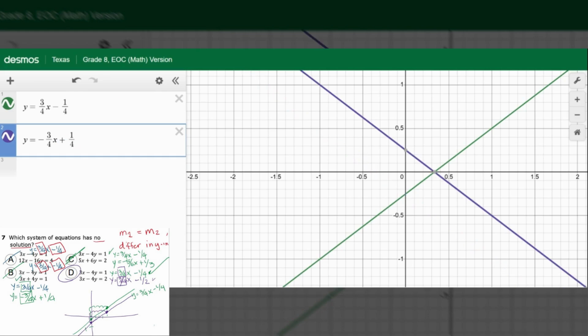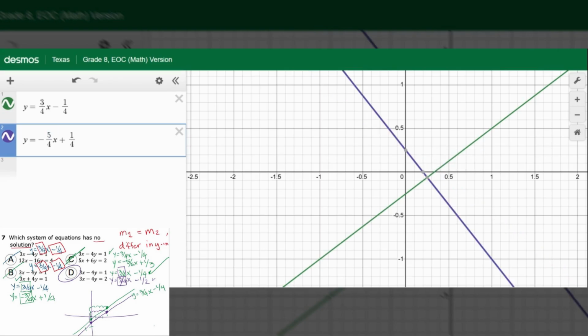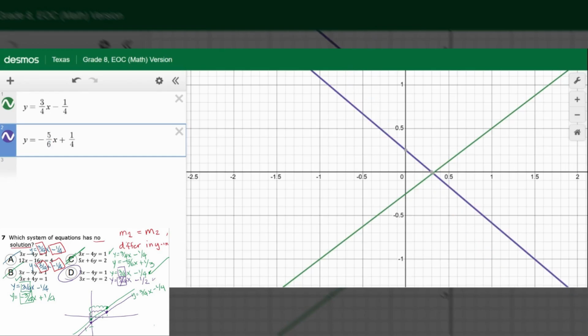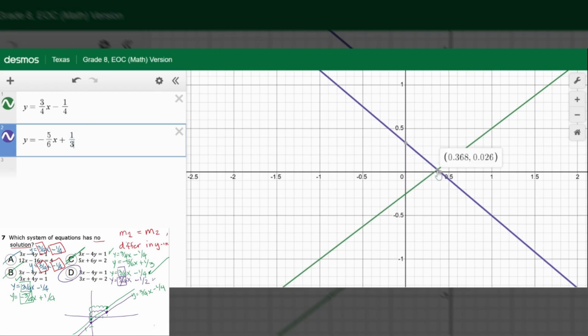Now, this has an intersection, so there's a solution. So this is not the answer. Letter C, 3/4 x minus 1/4, and then this is 5 over 6, 5 over 6 plus 1/3. Same thing. This has a solution.